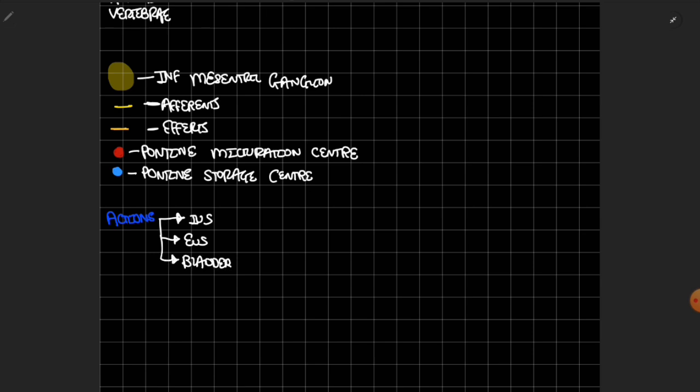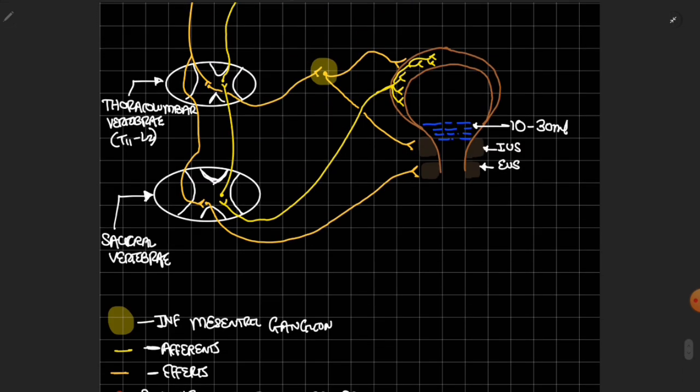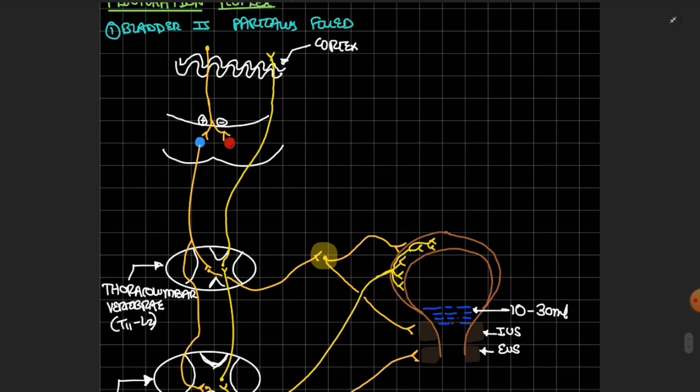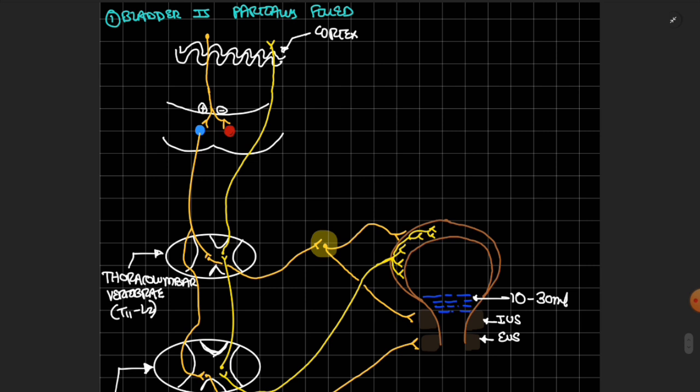We have to store the urine. So looking at the figure, what will happen? Will the bladder contract or relax, will the two sphincters relax or contract?